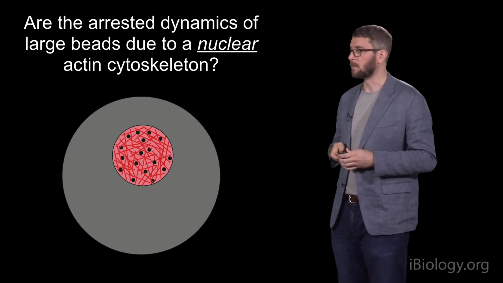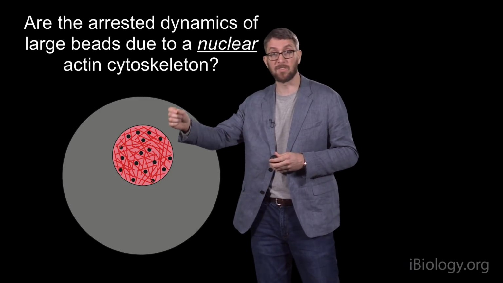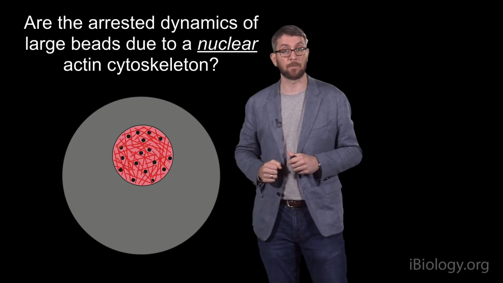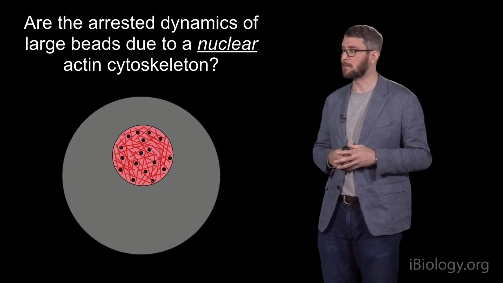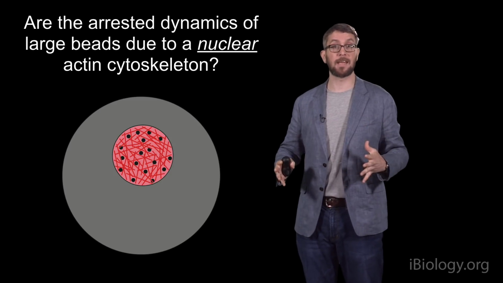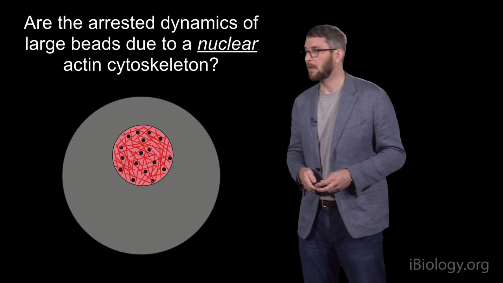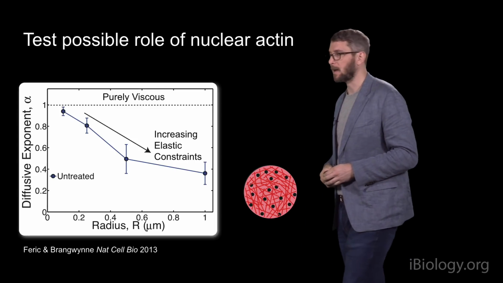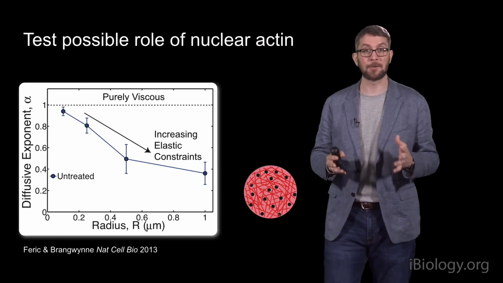And so the picture then would be that the small beads are able to kind of move around in the interstices, but the big beads are sort of trapped within this network. So we tried to test that idea, and the key experiment was then, well, let's try to bust up the actin network and see what happens to the motion of these beads. And so we did that experiment, and if this were a live audience, I might ask the audience, what you'd expect.